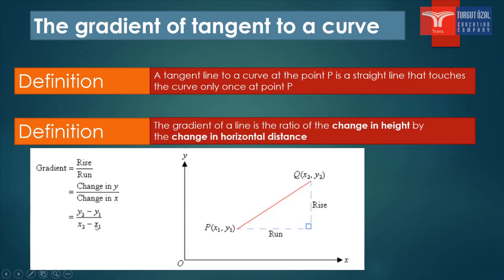Or we can find the gradient by the change in y over the change in x. We can call the change in x the run, and the change in y the rise. And their ratio, rise over run, will give us the gradient. Those are the key definitions that you need to know to better understand differentiation.